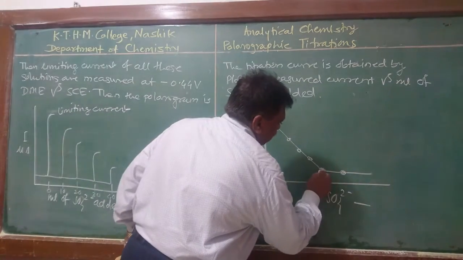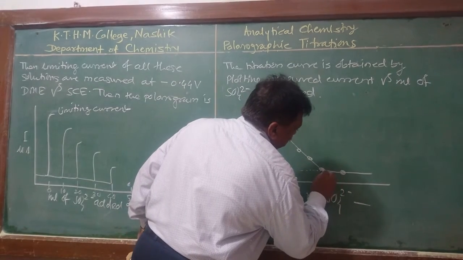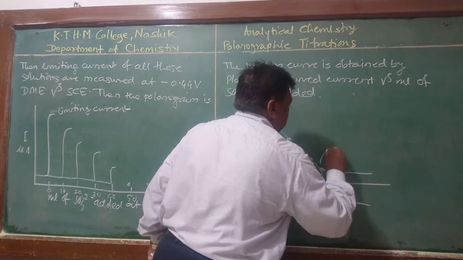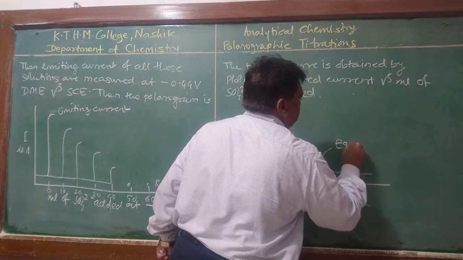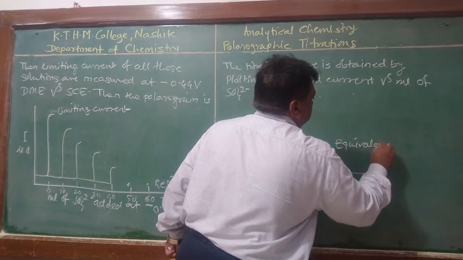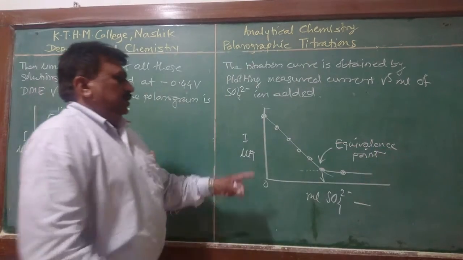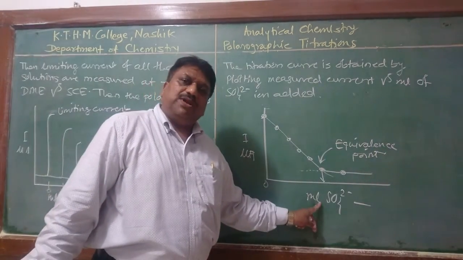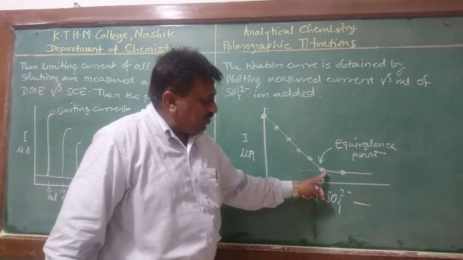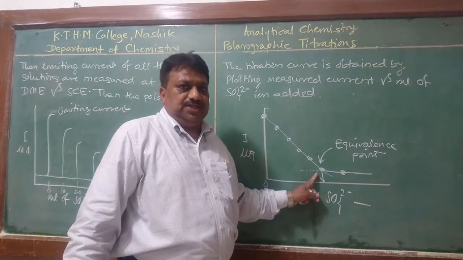Therefore, when we extrapolate these two lines, we have this equivalence point. Current as a function of ml of titrant added shows two straight lines intersecting at the equivalence point.